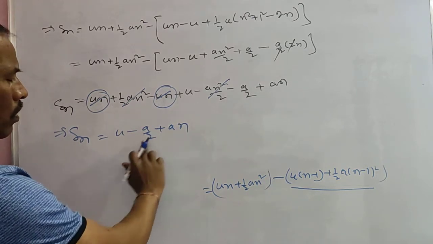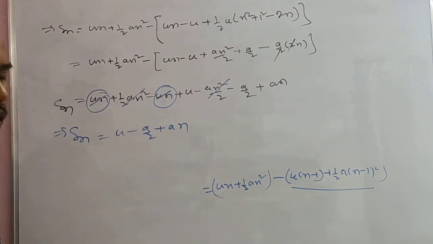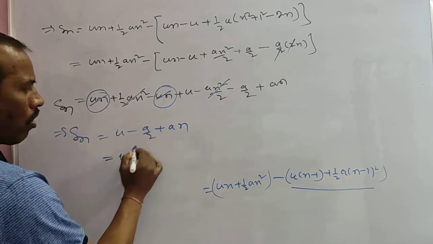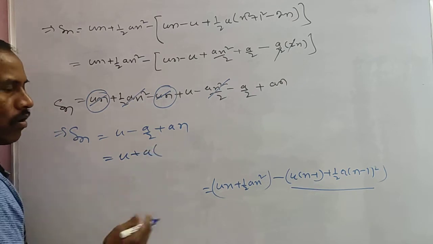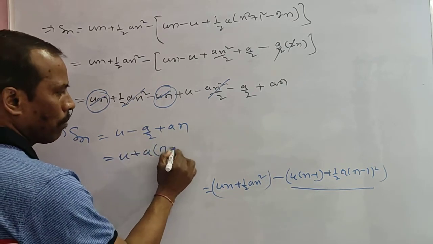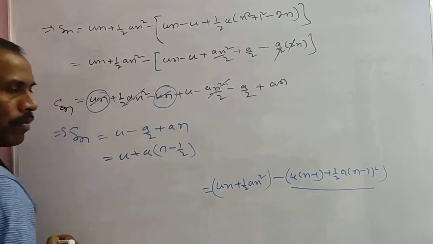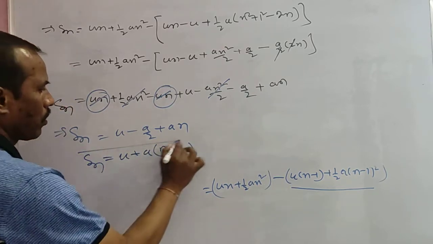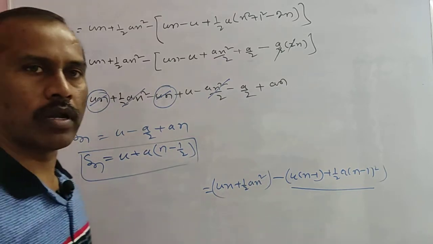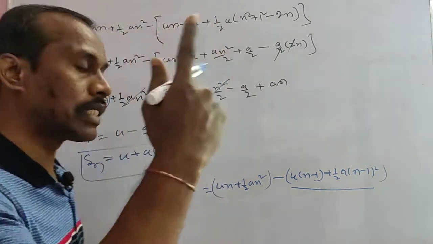In this, a is a common term. So it simplifies to u plus a common, where this is positive and this one is negative: n minus 1 by 2, n minus n. This is the equation of Sn, the displacement of the particle in the nth second.